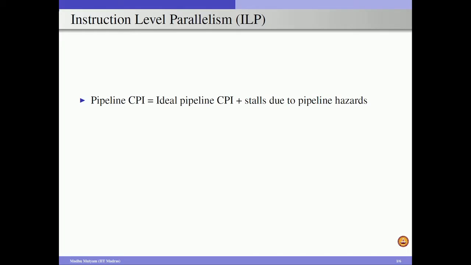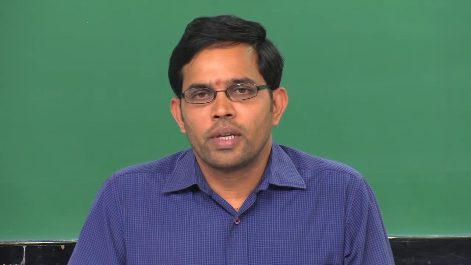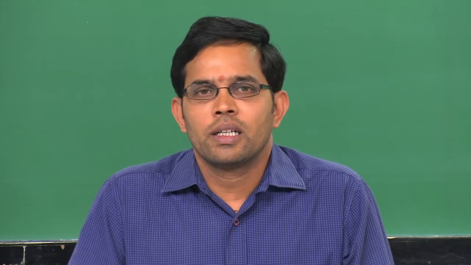We know that the CPI of a pipeline design is equal to the ideal pipeline CPI plus stalls due to pipeline hazards. In an ideal pipeline design, the CPI will be equal to 1, and if there are stalls because of pipeline hazards, then our overall CPI will be degraded significantly.